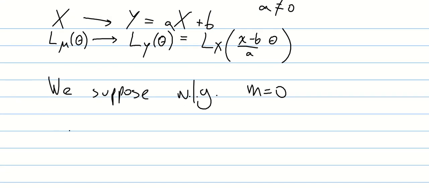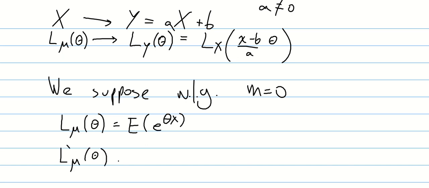So let us recall what we know about the Laplace transform. We call this sometimes the moment generating function, because the derivative of this is the expectation of x e to the theta x.